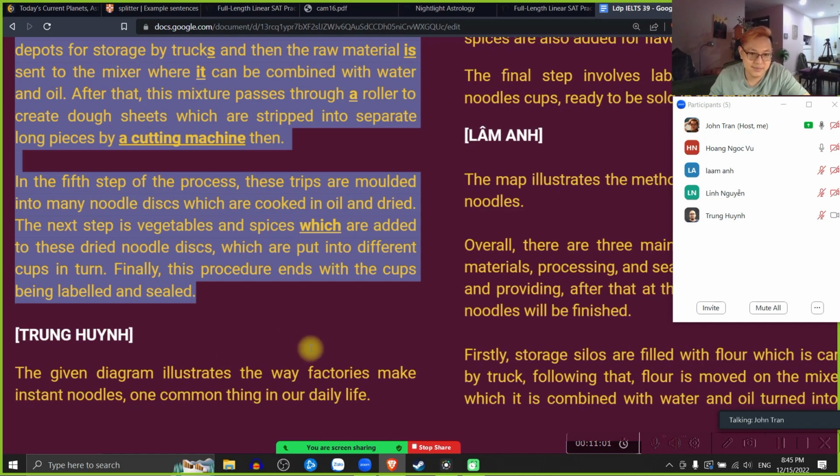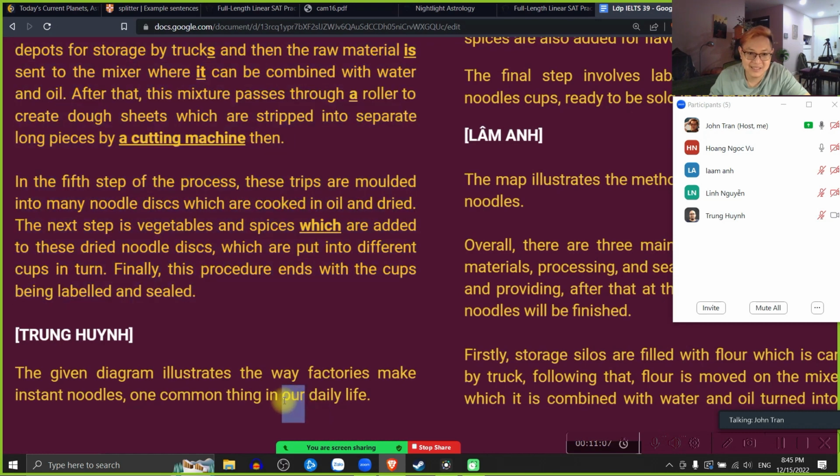The given diagram is straightaway. Factories make instant noodle, one common thing in our daily life. Một thứ thông dụng trong cuộc sống hàng ngày của chúng ta. You're making it sound very personal now. Làm cho nó trở nên rất là cá nhân luôn. Nhưng mà cách này, it's not good. So, one common thing in daily life.